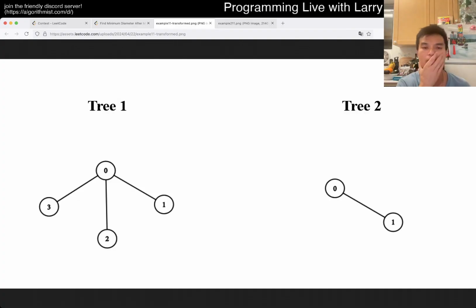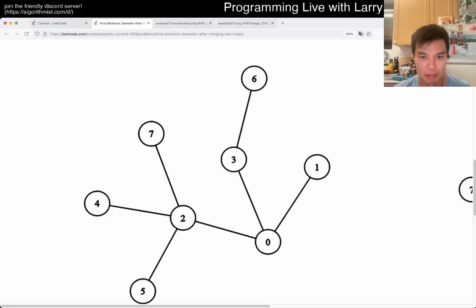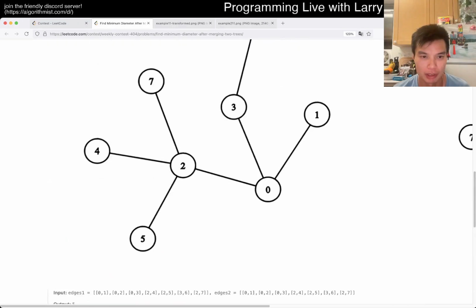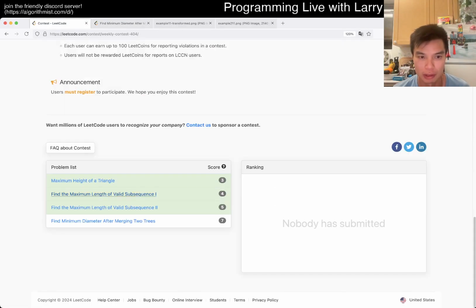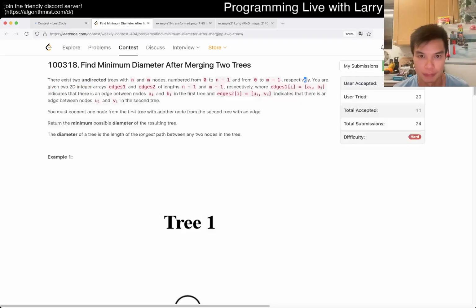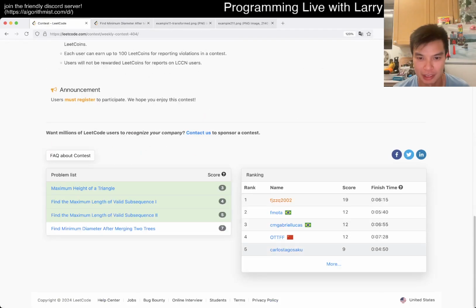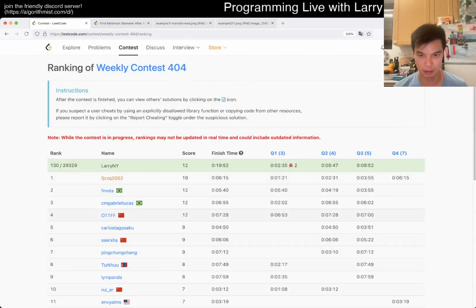Okay. I mean, you just connect the middle of both, but I guess that's how people got it so quickly. Man, this is a disaster though.